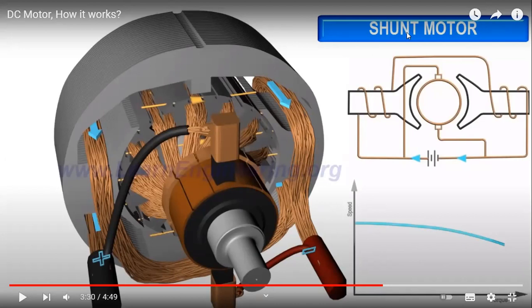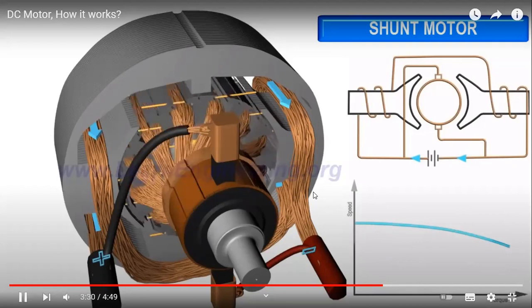But in the shunt motor, you can clearly see this is the circuit diagram of the DC shunt motor. At the bottom, you can clearly see the torque characteristic of the DC shunt motor. In the shunt motor, the starting torque is not that high, but the beauty of the DC shunt motor is that it has a constant speed throughout its operation.